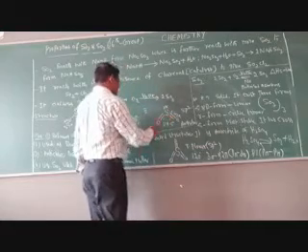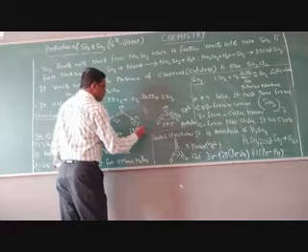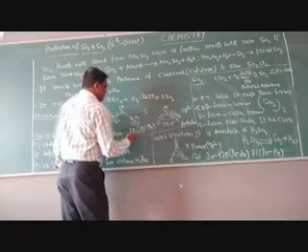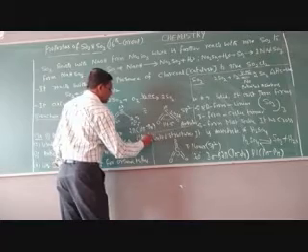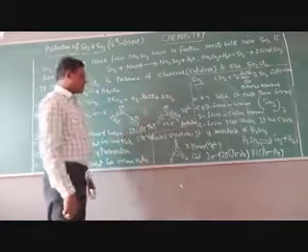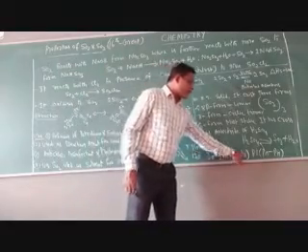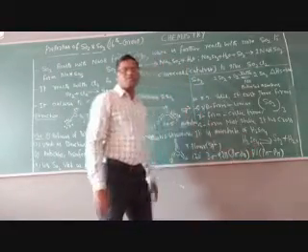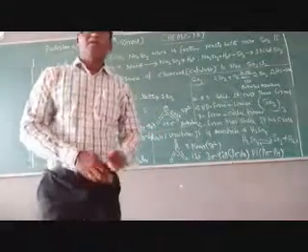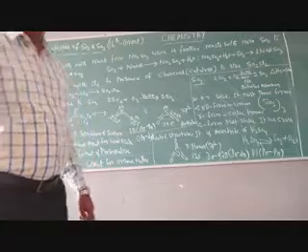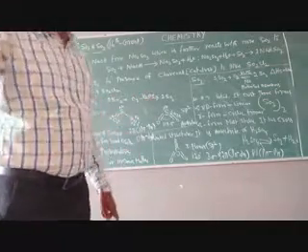There are 2 pi bonds, one is a p pi p pi bond, and one more is a p pi d pi bond in the SO2 molecule. But in the SO3 molecule, 2 are p pi d pi bonds and one is a p pi p pi bond. Very important: which type of bonds are formed in the SO2 molecule and the SO3 molecule, children? So that is the structure of SO3 as well as SO2 properties.